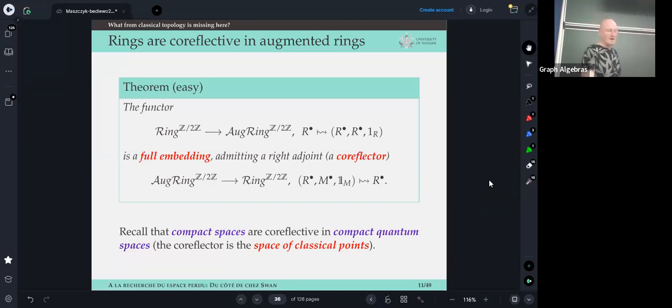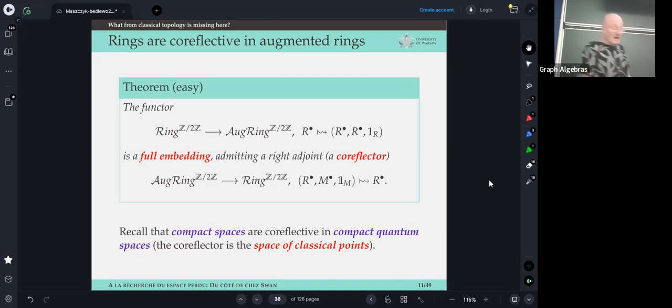It turns out that this map is a full embedding, a full faithful functor, but quite special because it admits a right adjoint. In such a situation, if we have a full embedding onto some subcategory, and this embedding admits such a right adjoint, then this right adjoint is called a co-reflector, and we can say that this subcategory is a co-reflective subcategory. So rings inside of augmented rings is a co-reflective subcategory.